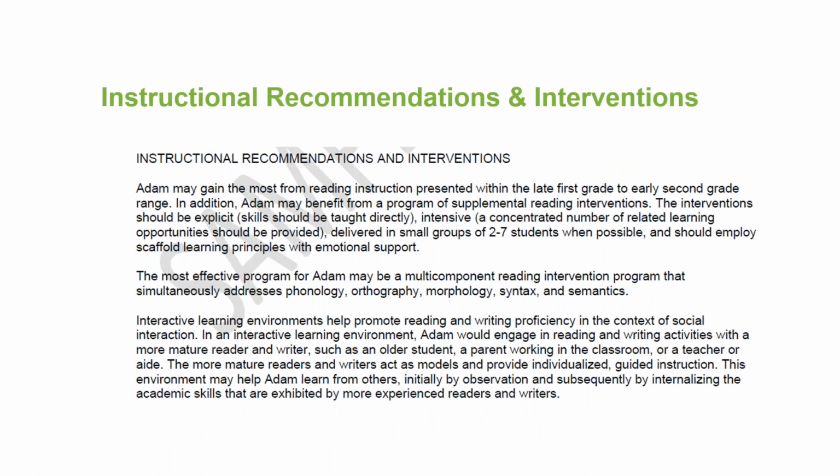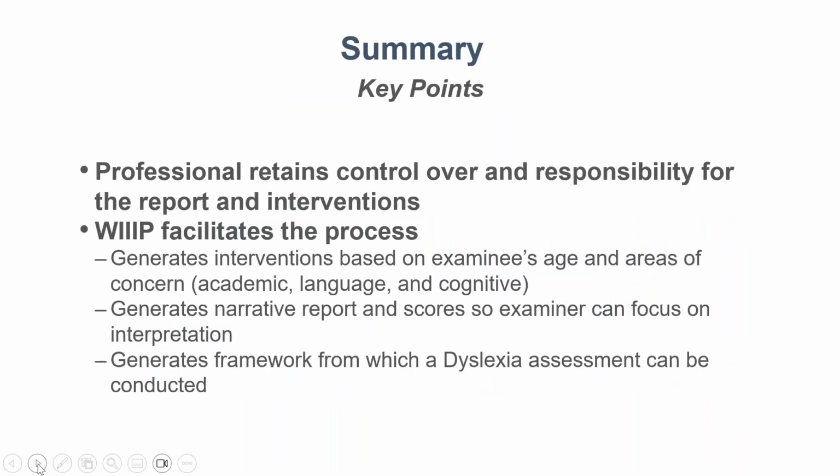So based off of Adam's performance on the WJ test, they provided these instructional recommendations for him. So he may gain the most from reading instruction presented within the late first grade, early second grade range. In addition, Adam may benefit from a program of supplemental reading interventions, etc. So then it just goes into more detail as you go through the report.